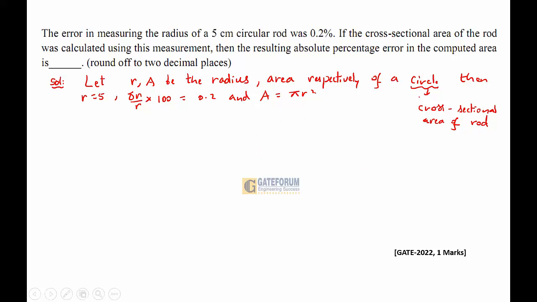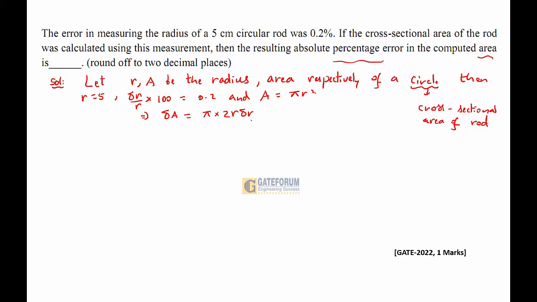Now they're asking percentage error in the computed area. So taking delta on both sides, which is the increment in A, this is delta of pi r square, just like differentiation. This is delta A, meaning error in A. So pi into 2r delta r, the change in r square becomes 2r delta r.